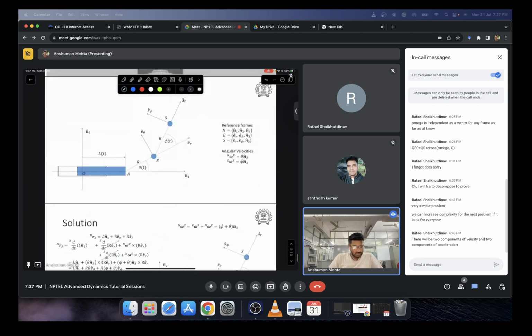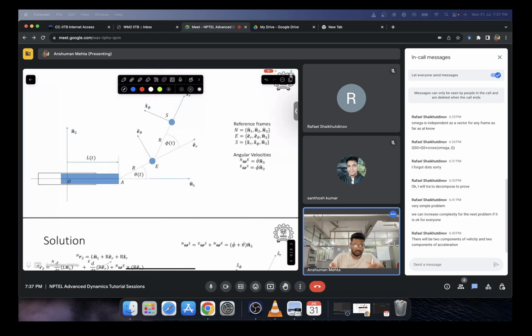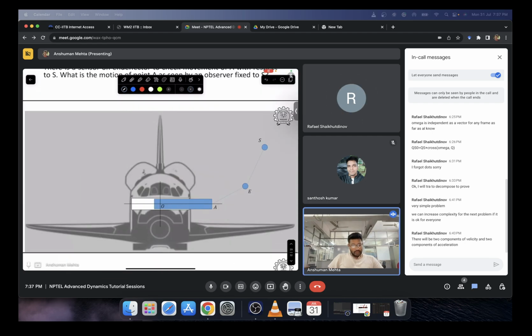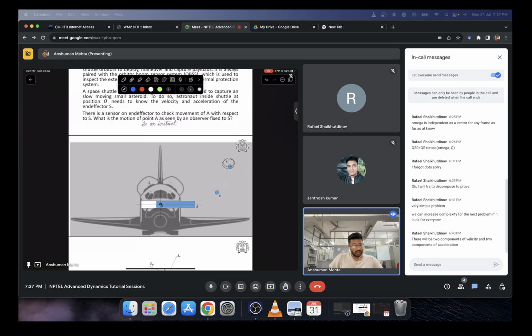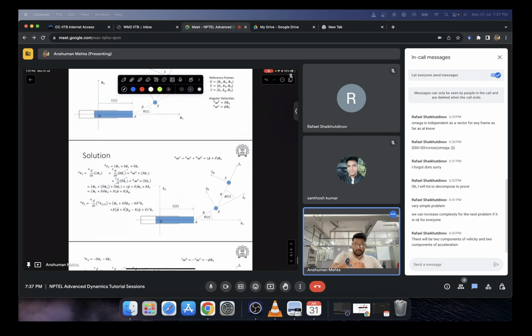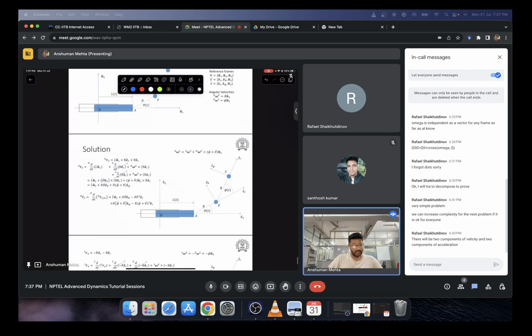So this is also a similar problem, in which the complexity is more because everything is with respect to the controller, and this end effector we have to move. Now what will be the acceleration, and what is the motion seen by the one sitting inside?